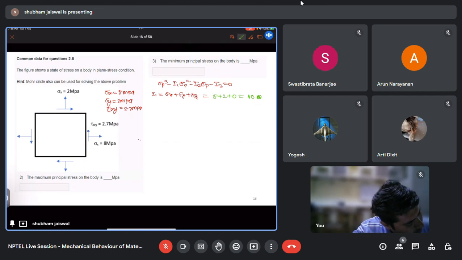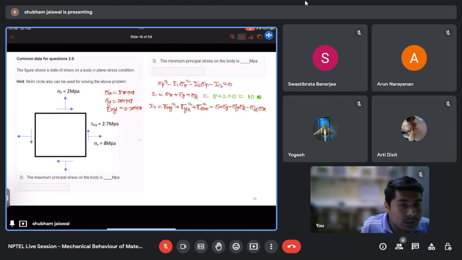Now, coming to I2. I2 is tau xy squared plus tau yz squared plus tau zx squared minus sigma x sigma y minus sigma y sigma z minus sigma z sigma x. Are you getting this, guys? Yes, sir.